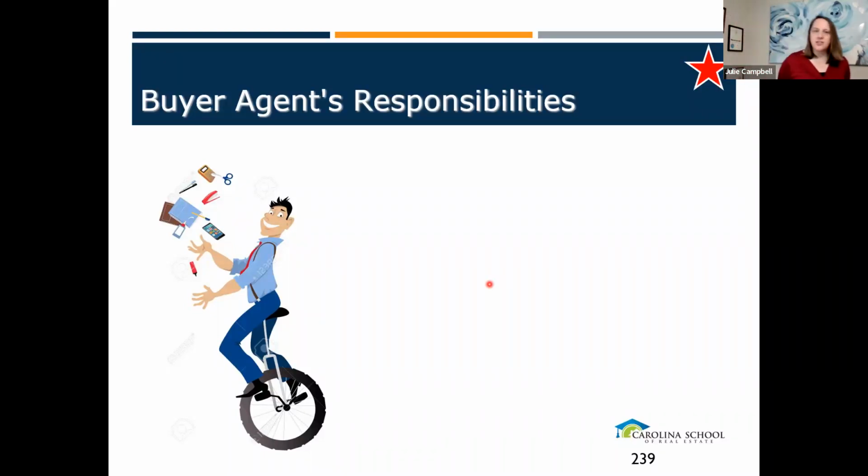As a buyer's agent, I'm going to help my buyer discover and disclose material facts about the property. Guys, when I walk in the front door, I always need to be on the lookout for red flags. Here's the deal. When you're showing property to buyers, you're in the same property, but we should be looking at two different things.